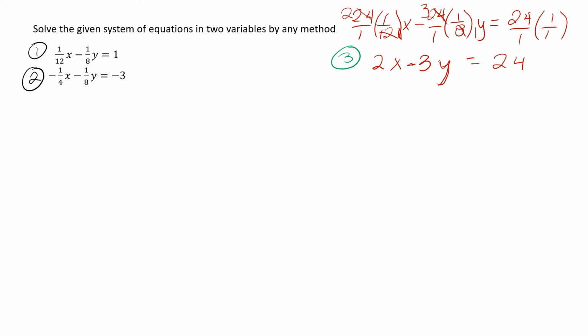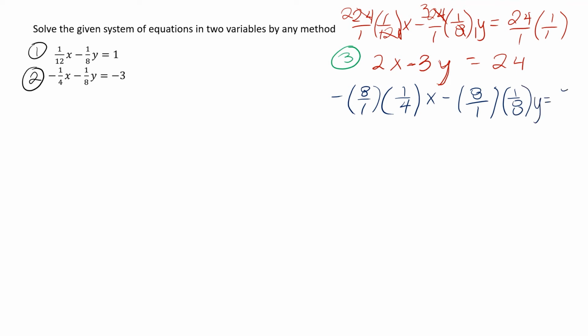I get negative 8 over 1 times 1 over 4 times x, and negative 8 over 1 times 1 over 8 times y equals 8 over 1 times negative 3. Sorry, that one kind of got away from me.